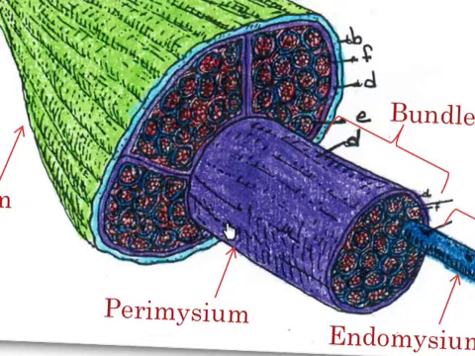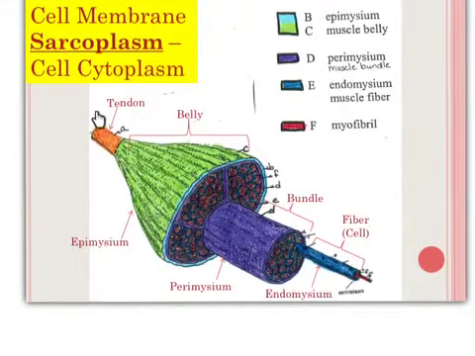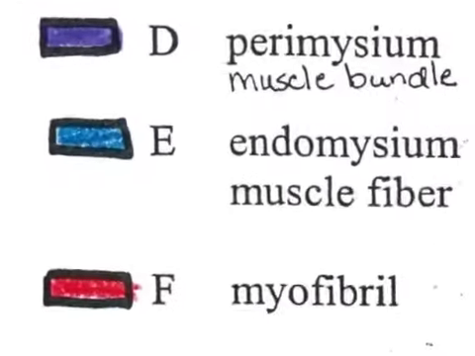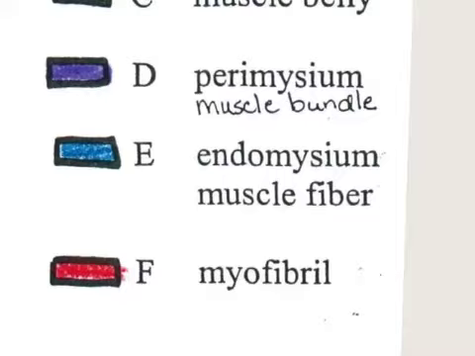And you can label your paper like I have my paper labeled, where I have the tendon and the belly and the epimysium, perimysium bundle, cell fiber. You can label yours just like this. It may be easier for you when you're tested on it if it's done like this. So our next part is going to be our blue part, which is your endomysium, which is your muscle fiber.